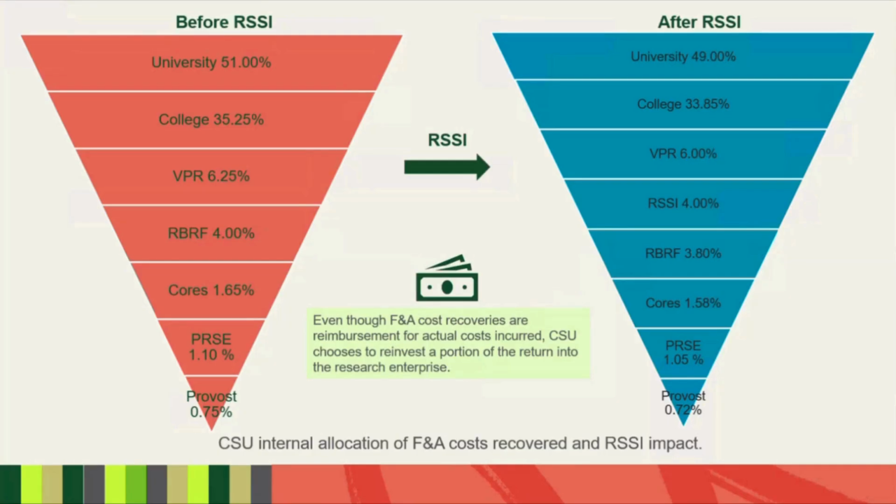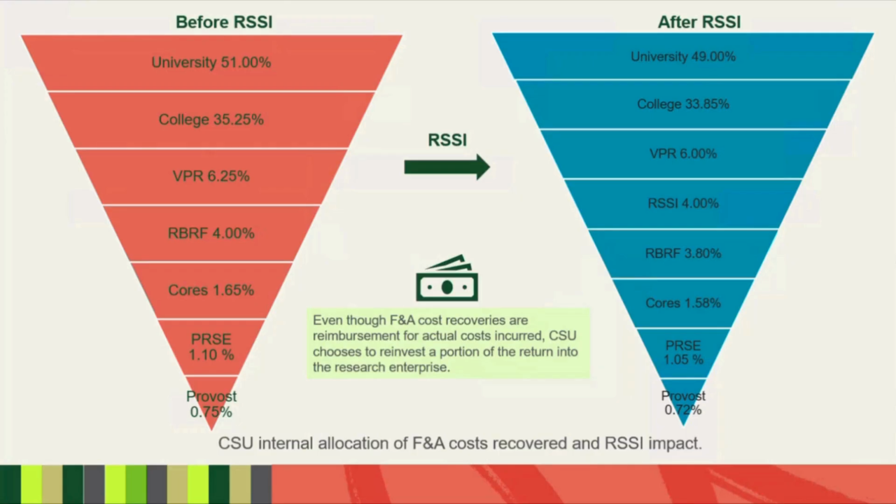WashU had a proration process where the costs of the central offices were charged out to the colleges, so they got to keep the indirect cost recoveries, but then they ended up paying for the services, almost like an activity-based costing approach: here's the bill for sponsored programs, here's the bill for purchasing, here's your share of that expense.